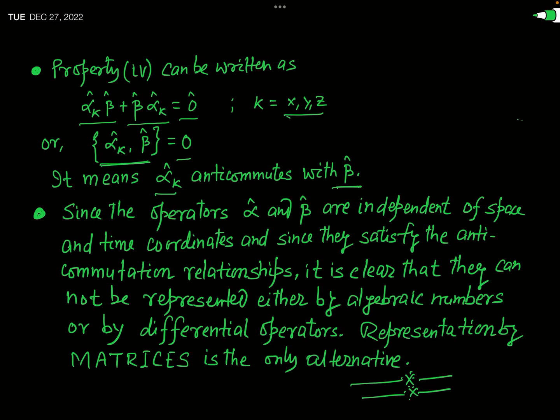How can you say that these are not numbers and differential operators? You have to say that since the operators alpha hat and beta hat are independent of space and time coordinates, and at the same time they also anti-commute with one another, these two properties are sufficient condition to say that these operators cannot be algebraic numbers and cannot be differential operators.